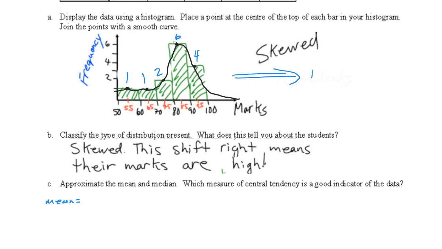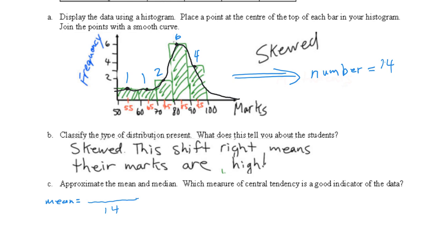So the number of people in the French class is the total of all of these numbers on the top of these bars, or you read them directly from the table. So that total is 14. So we have a sum divided by 14, right?